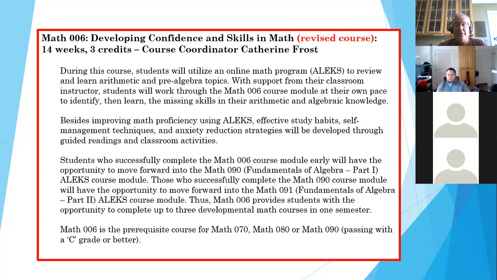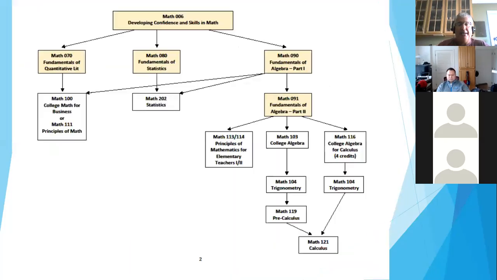Now, if they don't need 090, they can still take that, because as you see at the bottom, 090 is also going to allow them to cover the prerequisite for 080 or 070. So 090 is that wild card that allows you to, and if I go back up to this original flow chart, you see passing Math 090 will allow a student to go to Math 100 and 111 or to go to 202.